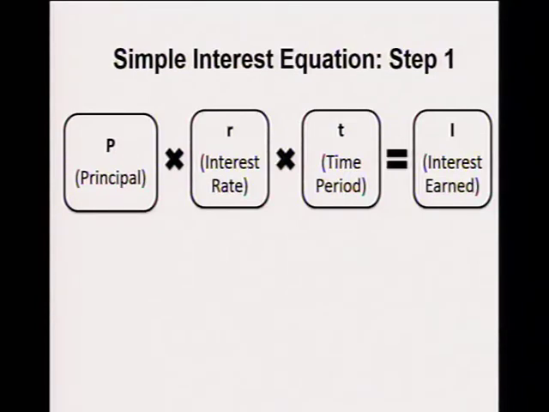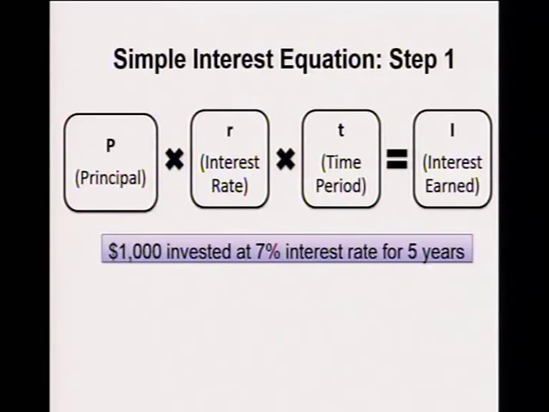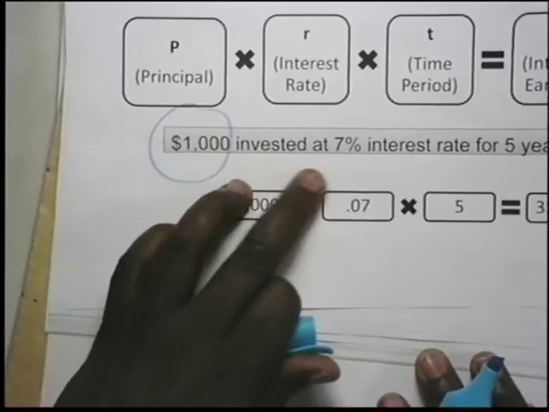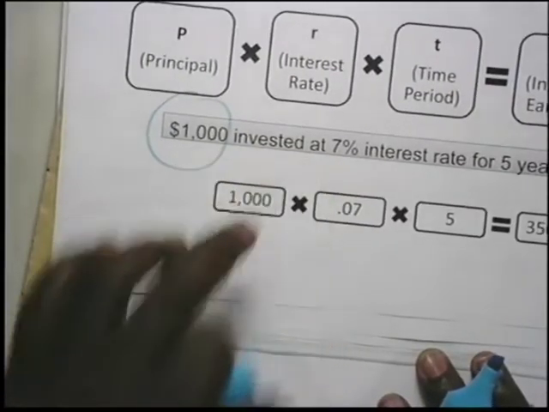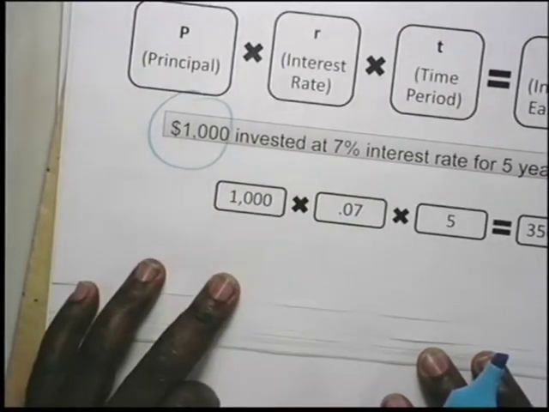Let me illustrate that with an example here that I might use. $1,000 invested at 7% interest rate. The $1,000 is the principal, the original amount. The rate is 7%. See, 7% is the same as 0.07.